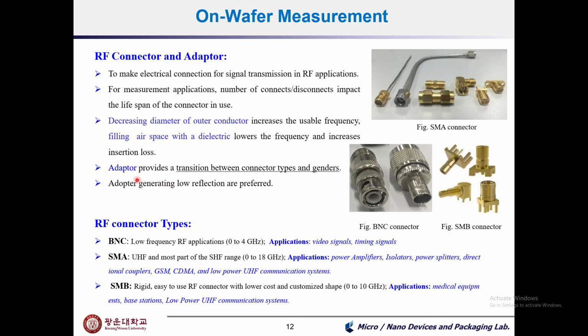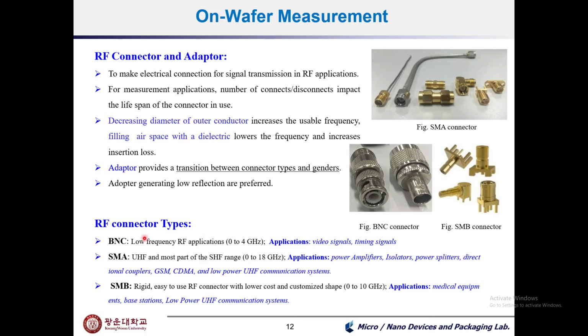The main purpose of the adapter is to provide the transition between connector types and genders. As we all know, there are two different types of connectors, male and female. The adapter provides the transition between these two connector types, and adapters generating very low reflections are preferred in the measurement system.